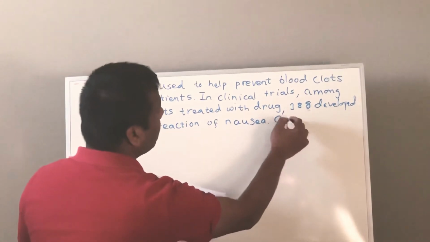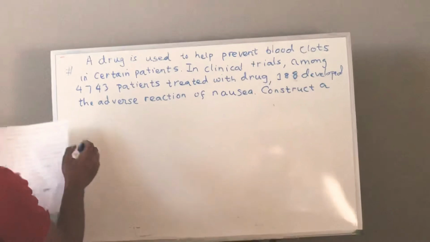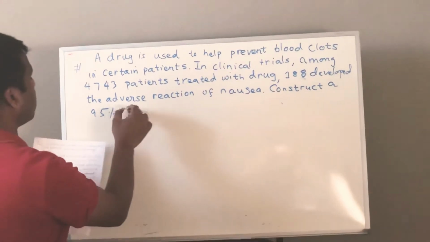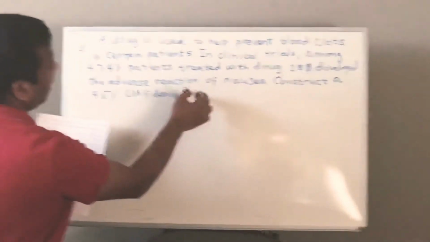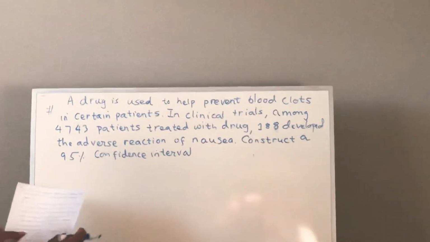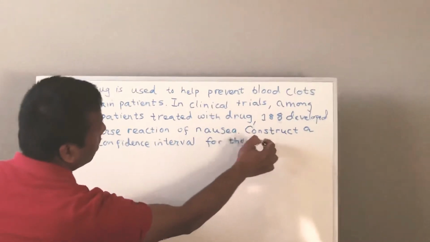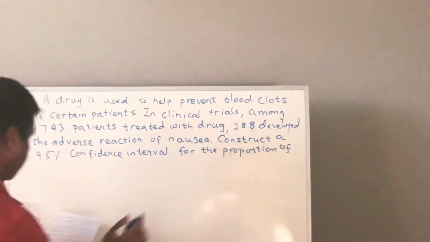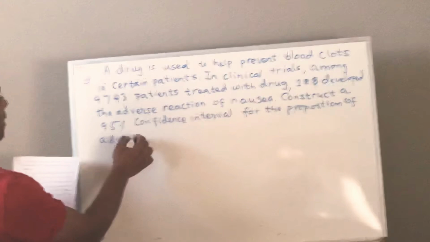Construct a 95% confidence interval for the proportion of adverse reactions.